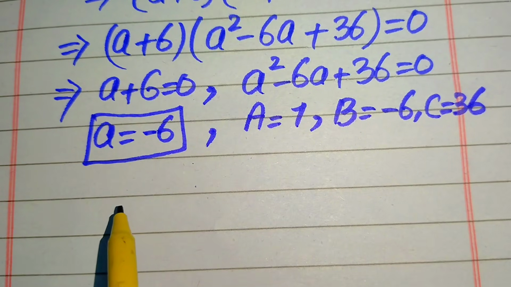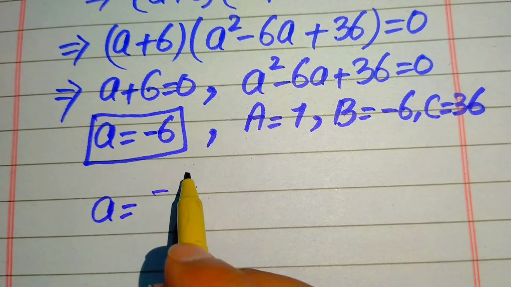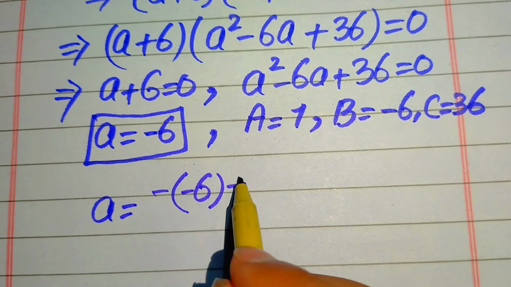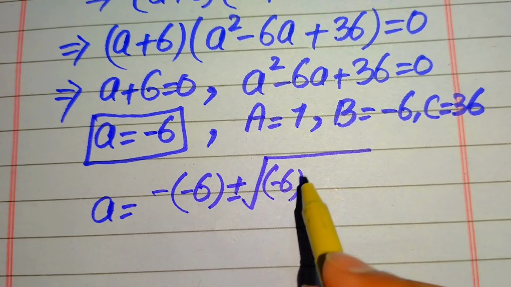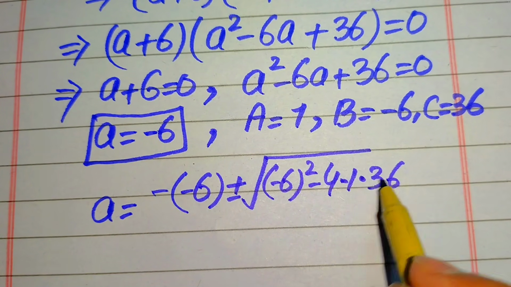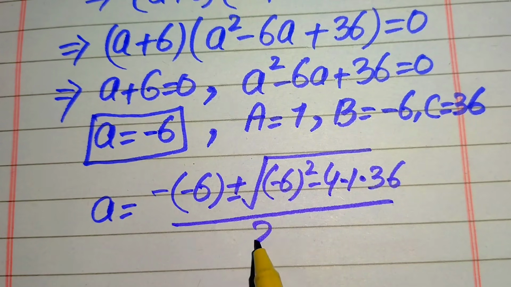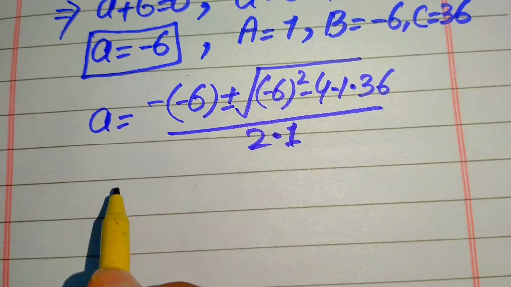And here we substitute the values of a, b and c into the quadratic formula, and we get minus times minus 6 plus minus square root of b square, so it is minus 6 square minus 4 times a is 1 and c is 36, and it is divided by 2 times a, and here our a equals 1.